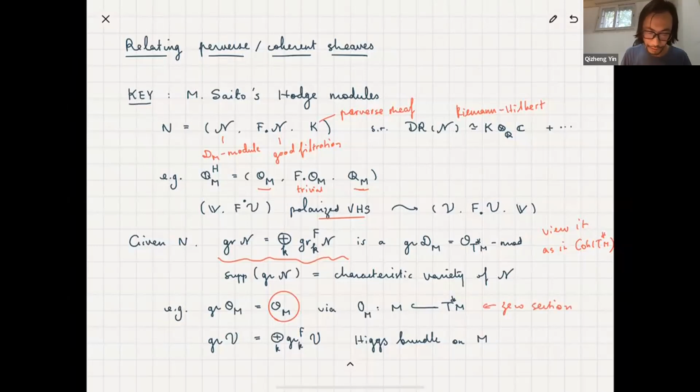Now, if you have a variation of Hodge structures, the graded piece is, say, a coherent sheaf on the cotangent bundle, but also in this case, this is the direct sum of all the graded pieces. Another way of viewing this is that this is naturally a Higgs bundle, because then you have the associated gradient of the Gauss-Manin connection, which gives you the Higgs field.